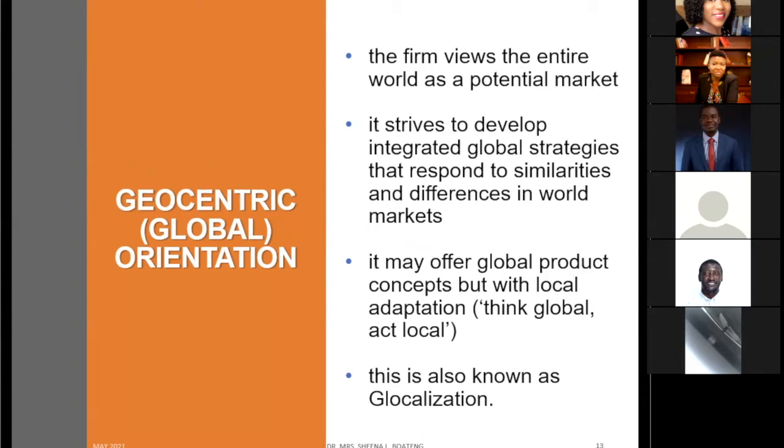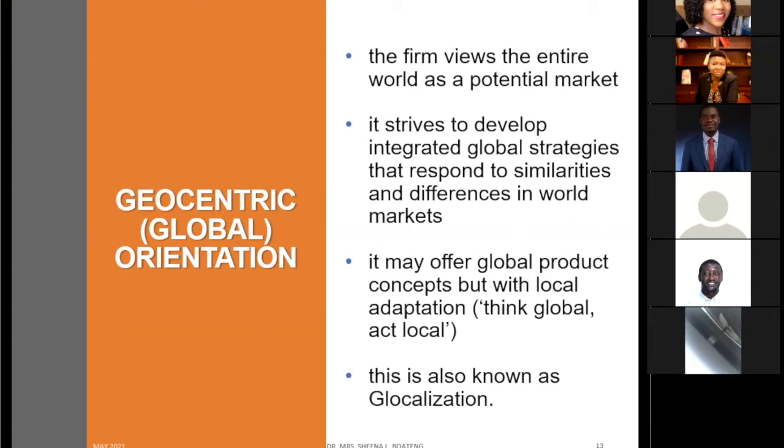So this is one of the means by which a geocentric orientation will lead a firm to categorize their customer base across the world. So in this case, they may offer a global product with local adaptation. So for instance, if they are targeting a particular age group, say the millennials, with a certain kind of product, they will offer it with unique adaptation to millennials in different countries, or perhaps millennials in different regions.